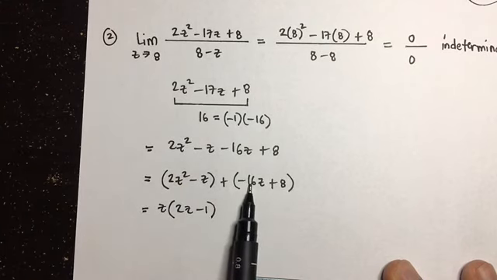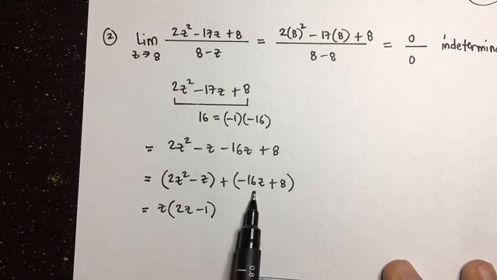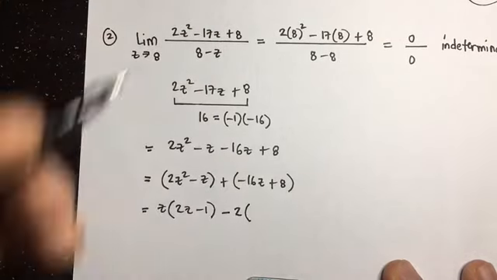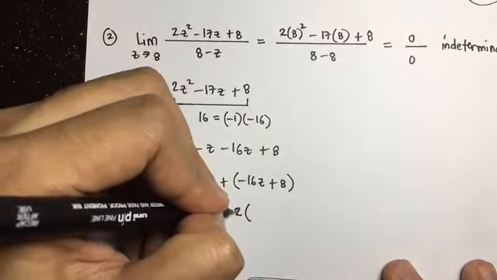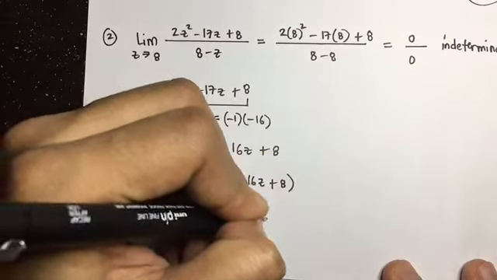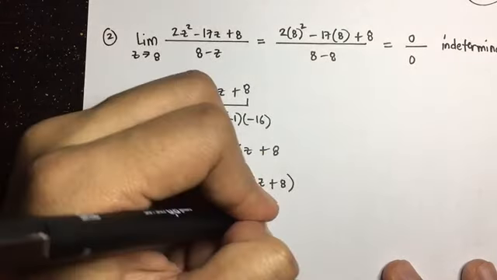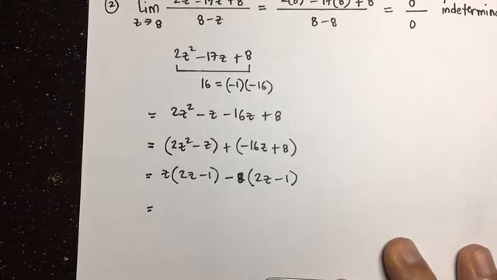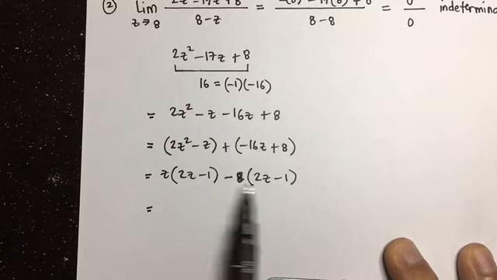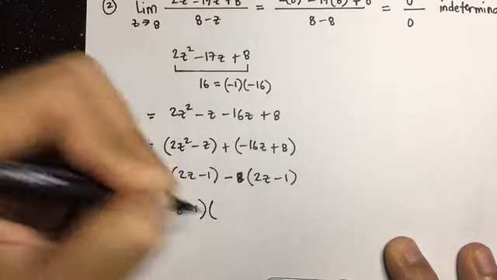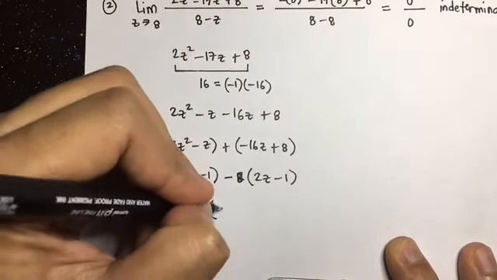For the second group, we factor out negative 8, so what remains is positive 2z, and 8 divided by negative 8 is negative 1. Now we have two terms with the common factor 2z minus 1. Factoring out 2z minus 1, what remains is z minus 8.